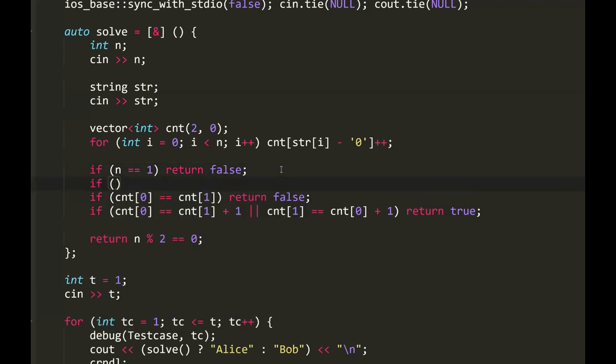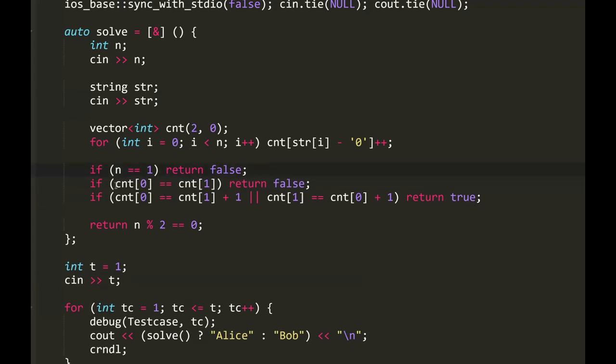You could have written that if str is equal to 01 or str is equal to 10, then return false, but this case would actually be included in the condition that if the count of both of the characters are equal, then you will lose.